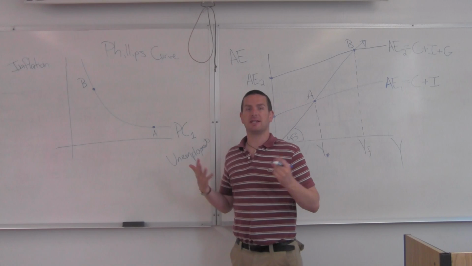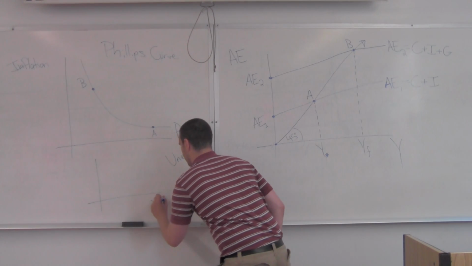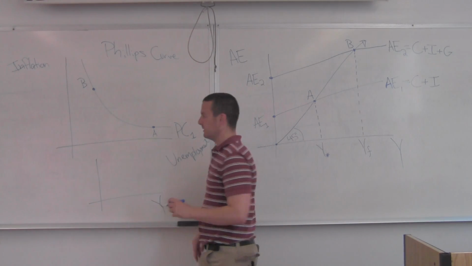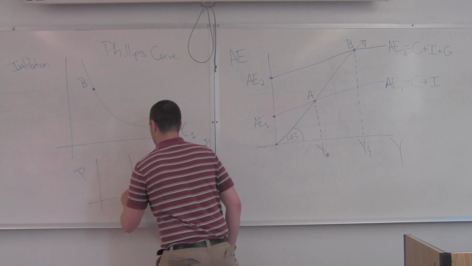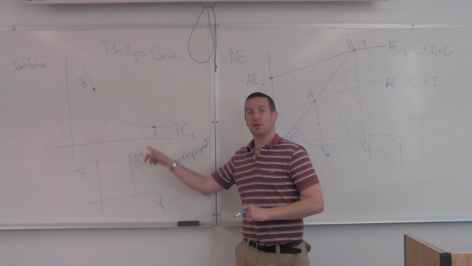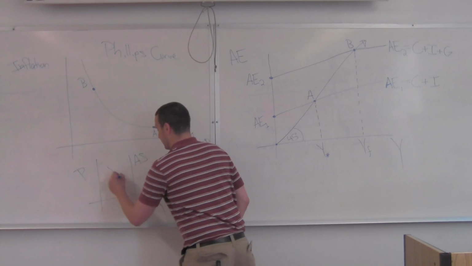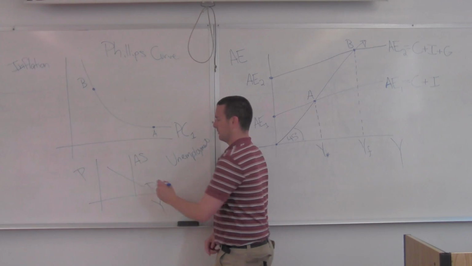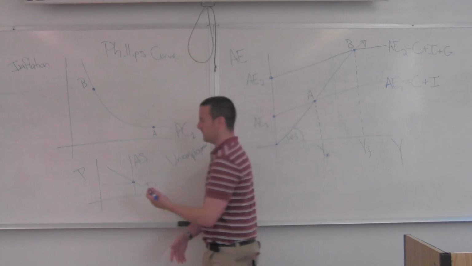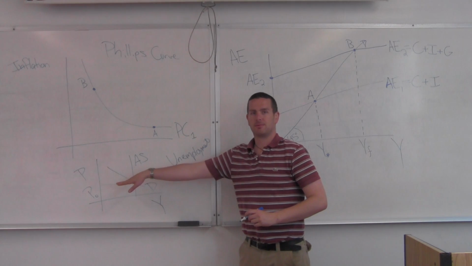Because they were still using a neoclassical supply curve. I'm just drawing this very small because we're going to make a quick point. If you have a vertical neoclassical supply curve and you have this level of demand, that will be your price level, P0.